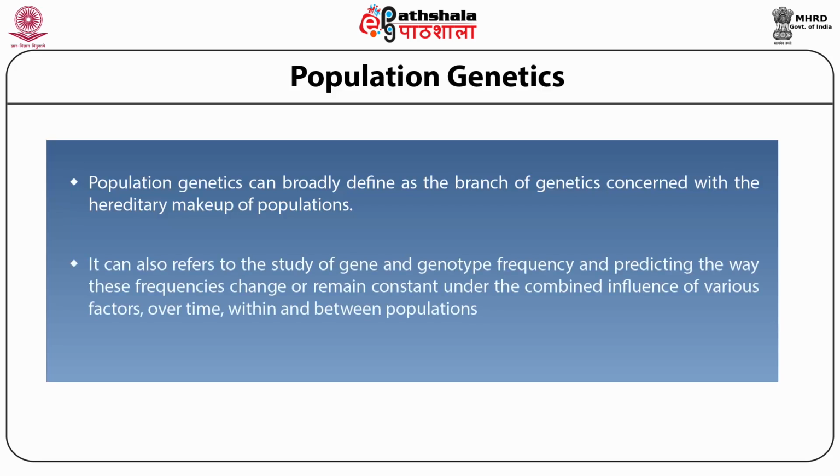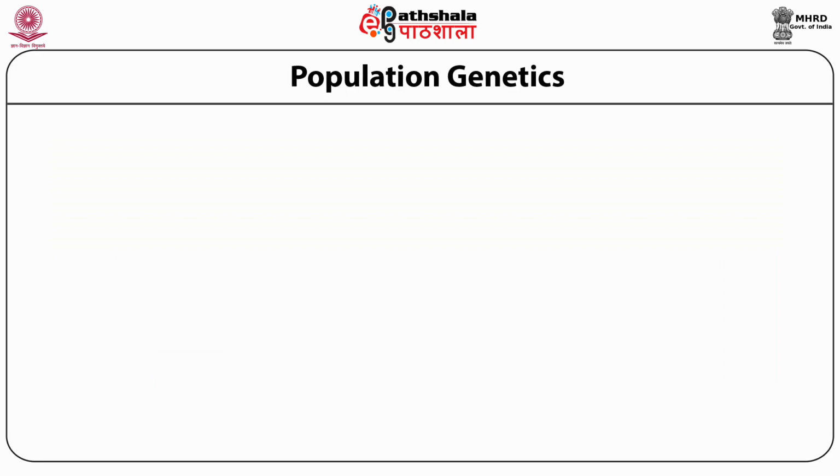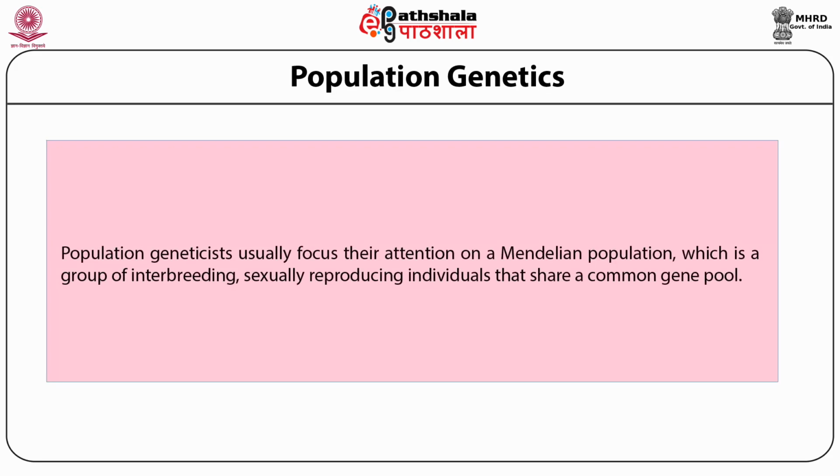It involves the study of gene and genotype frequencies and then predicting the way these frequencies will change or remain constant under the combined influence of various factors over time, within and between the populations. Population geneticists usually focus their attention on a Mendelian population, which is defined as a group of interbreeding, sexually reproducing individuals that share a common gene pool.